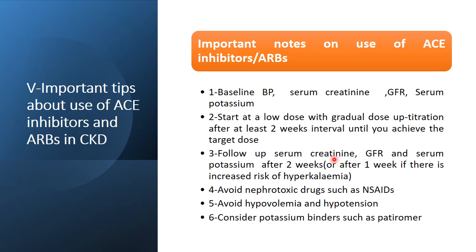Follow up serum creatinine, GFR, and serum potassium after 2 weeks, or after only 1 week if there is an increased risk of hyperkalemia. Avoid nephrotoxic drugs such as non-steroidal anti-inflammatory drugs. Avoid hypovolemia and hypotension, and consider potassium binders such as patiromer.